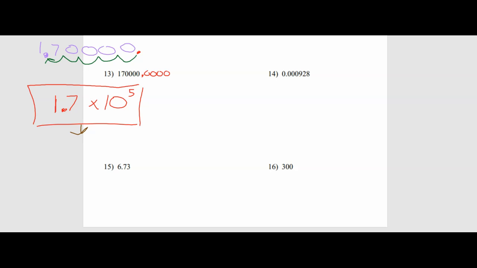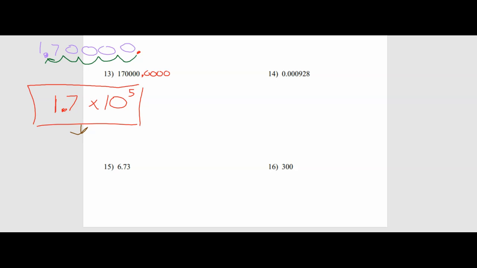If I'm starting with 170,000 and I make the number in front of the power of 10 1.7, the only way to get from 1.7 to 170,000 is to multiply by a positive exponent, 10 to a positive power of 5.